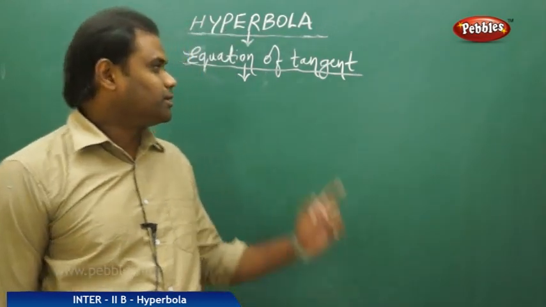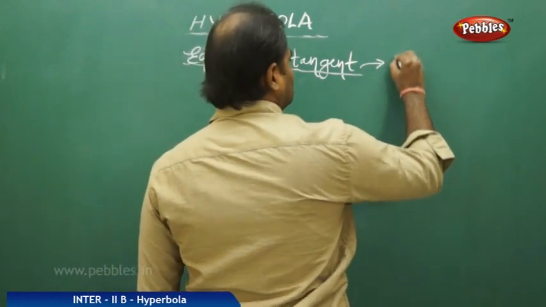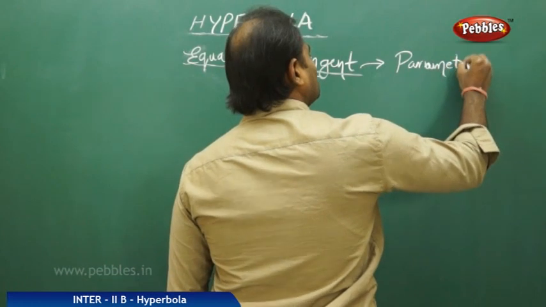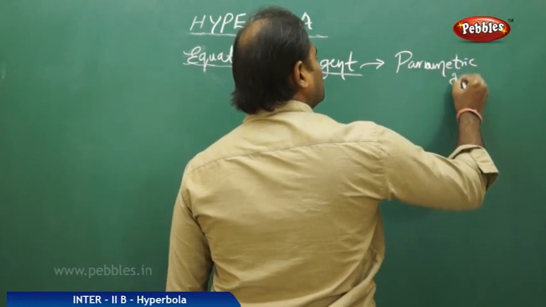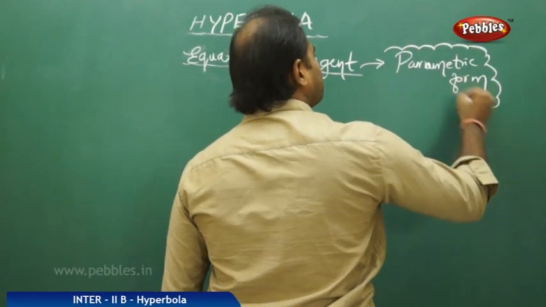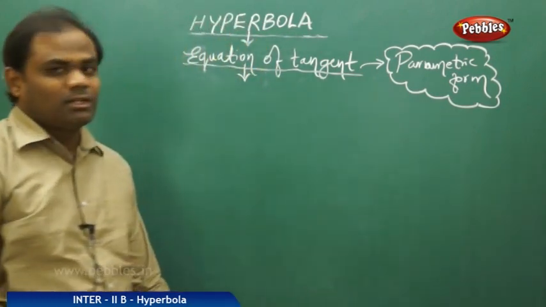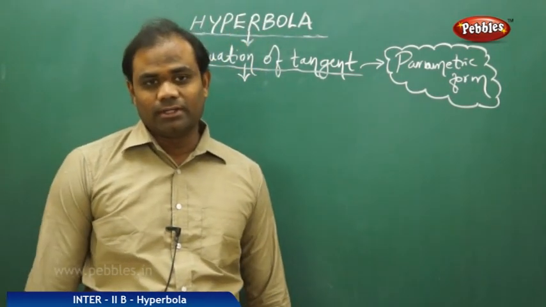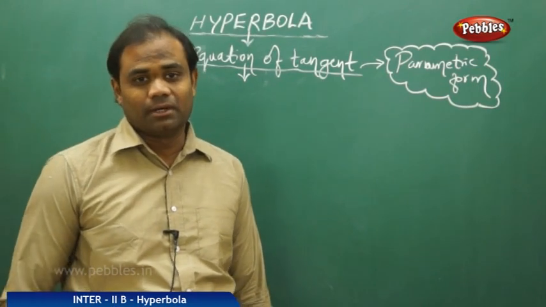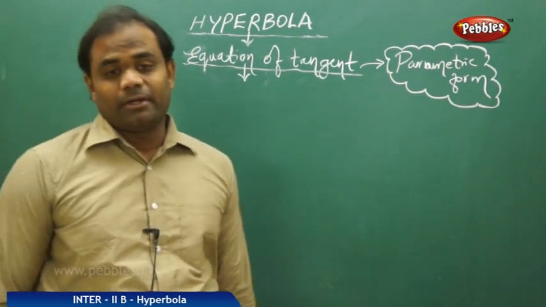Now let's see the equation of tangent in parametric form. Now we know that the parametric equations of the hyperbola are x equal to a secant theta and y equal to b tan theta.